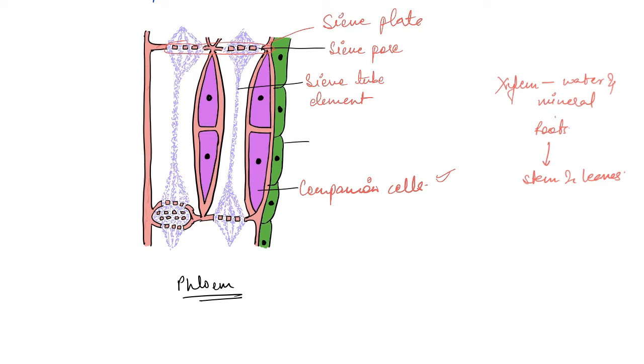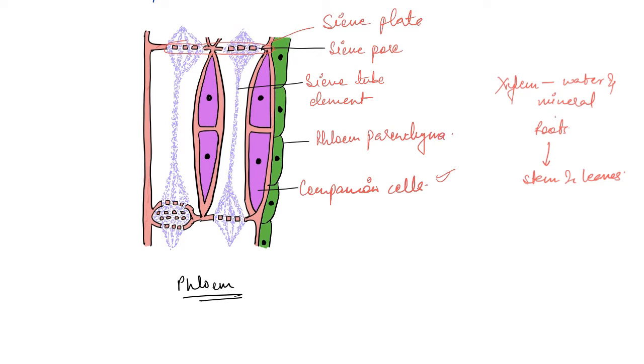Now, what exactly is phloem parenchyma, the fourth element of phloem? So, phloem parenchyma is made of elongated, tapering cylindrical cells, and they have very dense cytoplasm and nucleus as well. So, basically, these green cells that you see are phloem parenchyma.